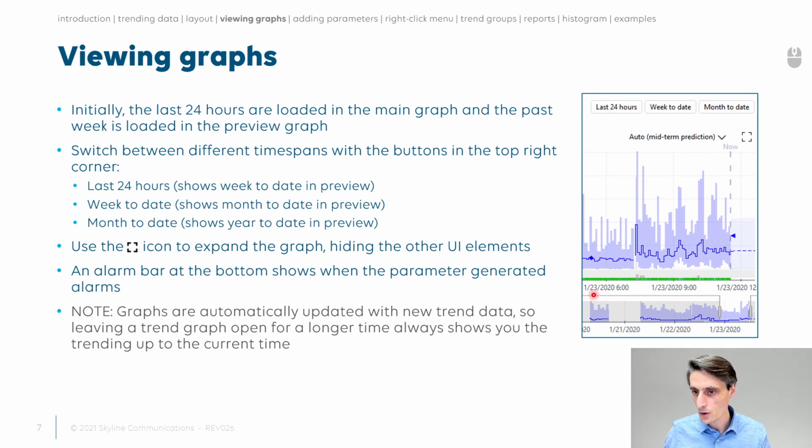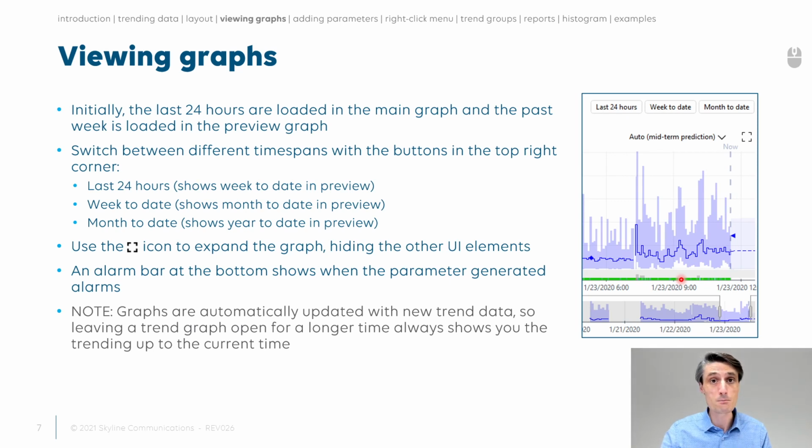And also interesting to note is that there is a green bar indicated here at the bottom of your trend graph. And that is actually when the actual alarms are happening. And I say the actual alarms, that information is coming out of the alarm database, because it is possible that a certain parameter spikes for a few seconds to 100% CPU utilization, for instance, but no alarm is being generated because we activated hysteresis.